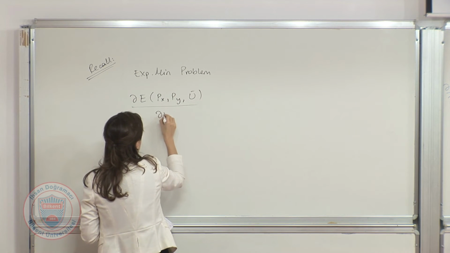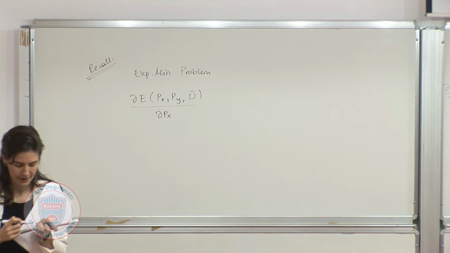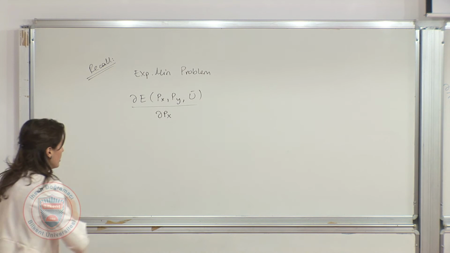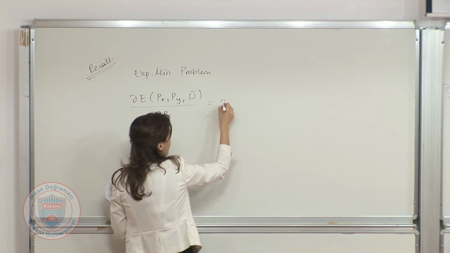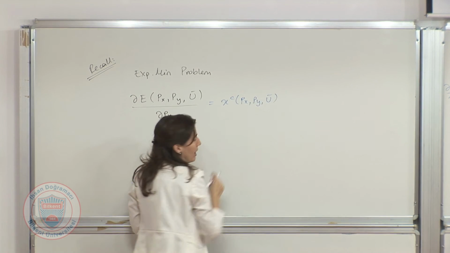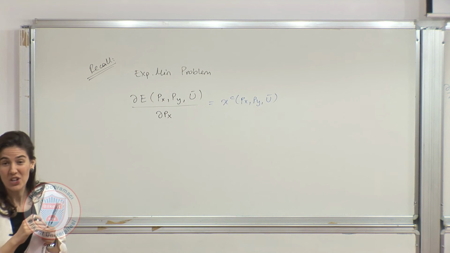So when you take its derivative with respect to Px, what were we getting? The compensated demand for x, so we were getting xc(Px, Py, U bar). And we called it Shepard's lemma.